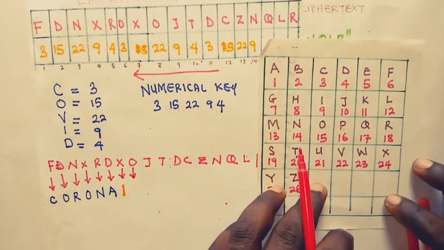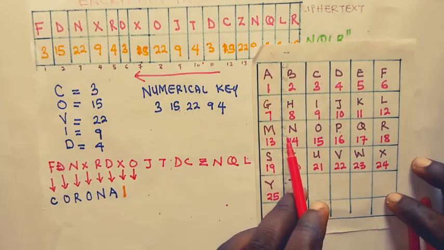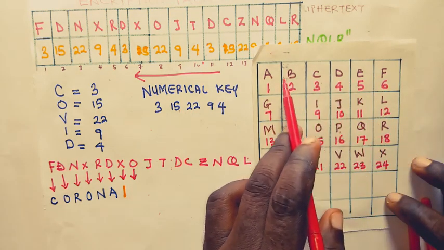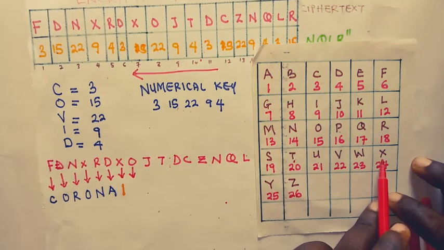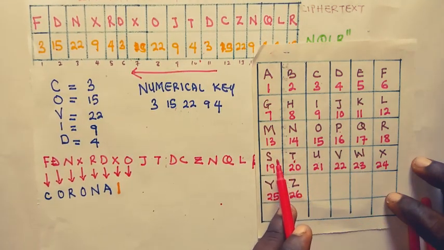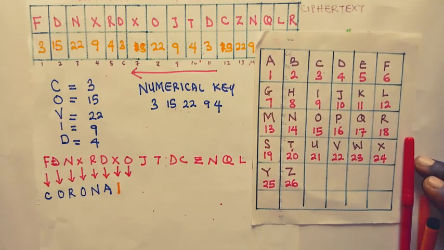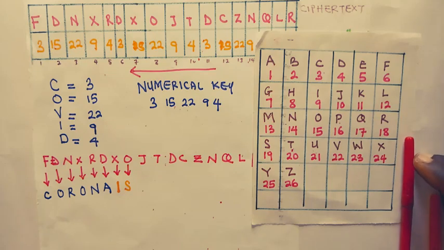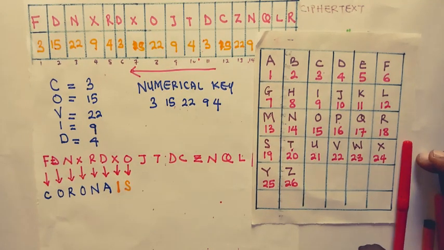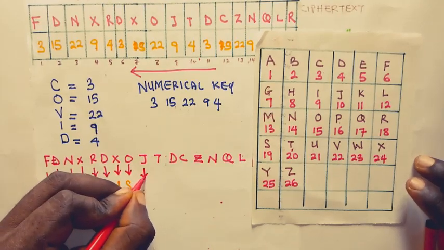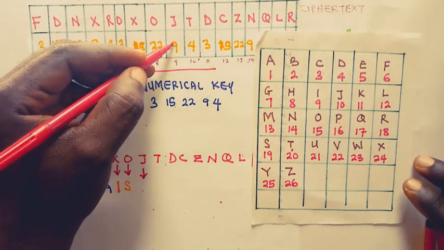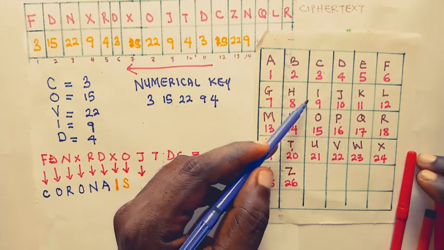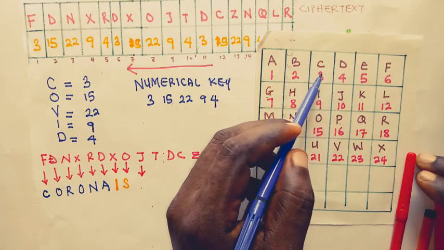O, 1, 2, 3, up to 22. I have letter S. And if I shift letter J backwards, according to this corresponding numeric value, 9 times, I will obtain A.